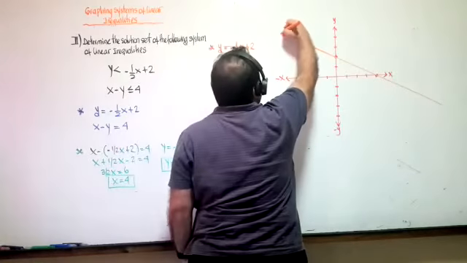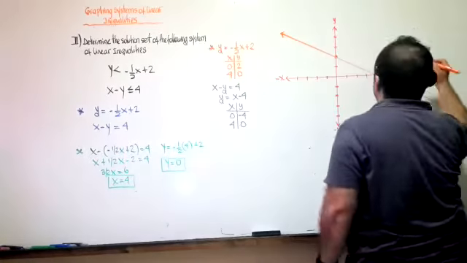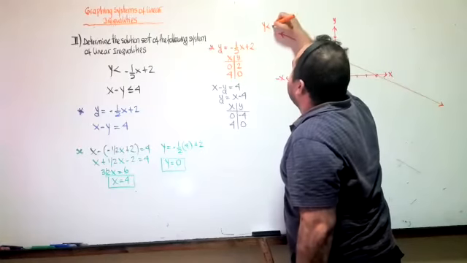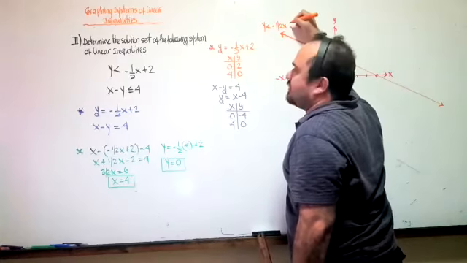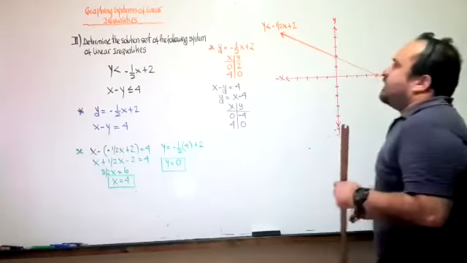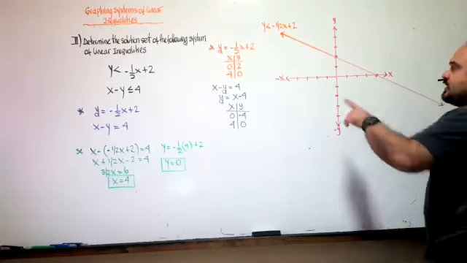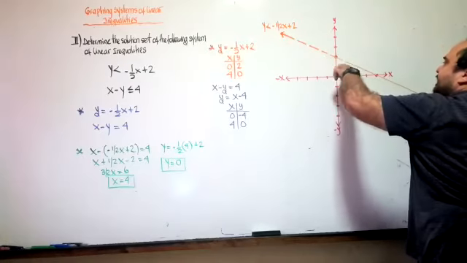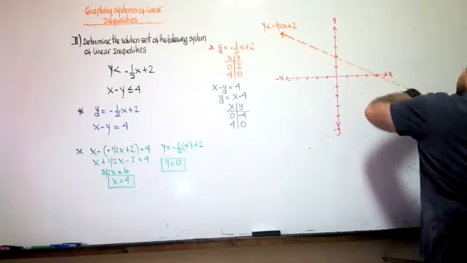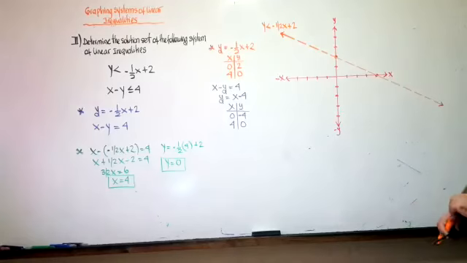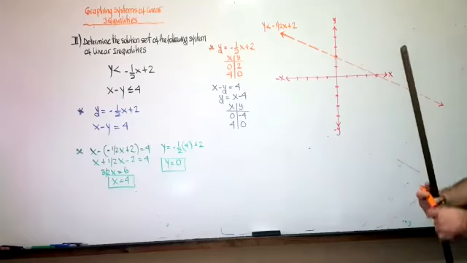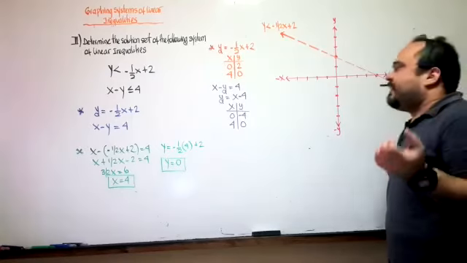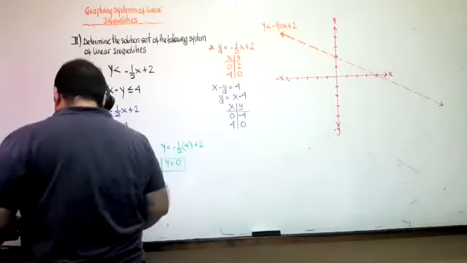This is the graph given by the inequality y less than negative 1/2 x plus 2. What does that mean? That means this line will be represented by a dashed line because we don't have the equal sign. Don't forget, if the inequality doesn't include the equal sign, we have to graph a dashed line.